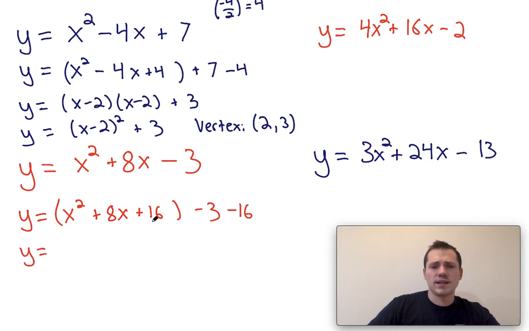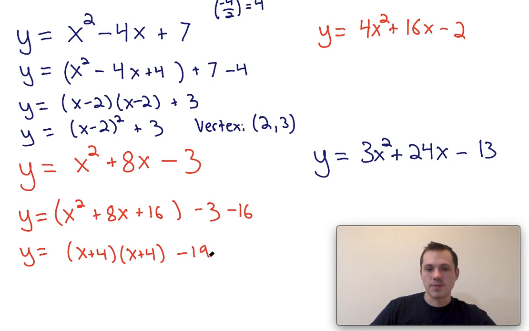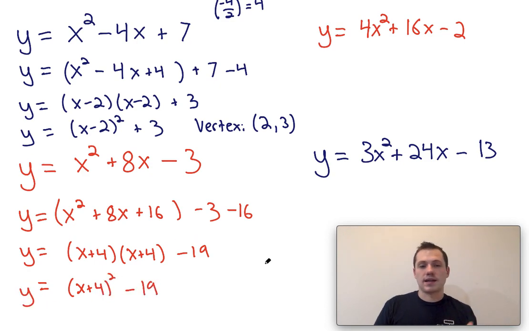Now, for the expression in parentheses, we need two numbers that multiply to 16 and add to 8, which could be 4 and 4. So this factors into x plus 4 times x plus 4. Then minus 3 minus 16 gives me minus 19. X plus 4 times x plus 4 is x plus 4 squared minus 19, and we can see that the vertex form now exists.